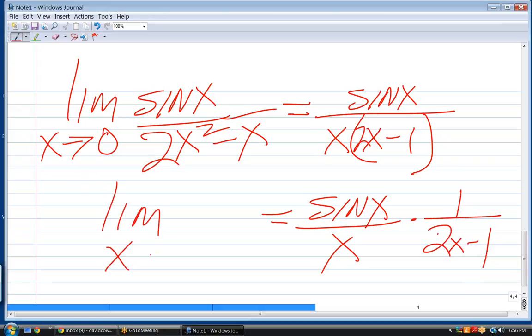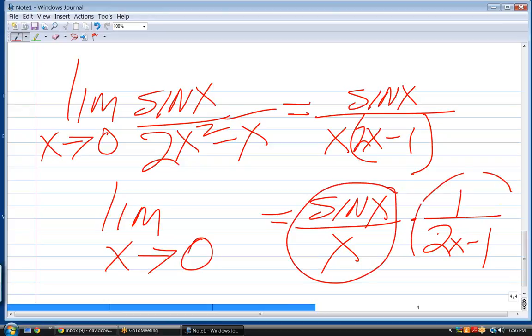Well, now I can do a direct substitution, because I know that that goes to 1. What's this go to when x is 0? Substitute it. Negative 1. So if this goes to 1 and this goes to negative 1, then the whole thing goes to negative 1.